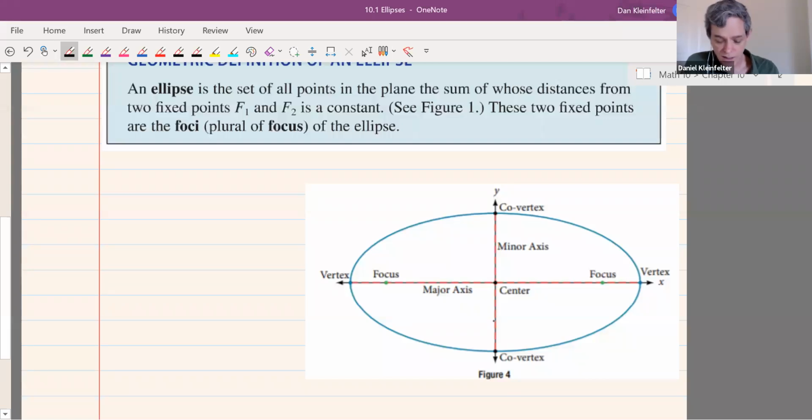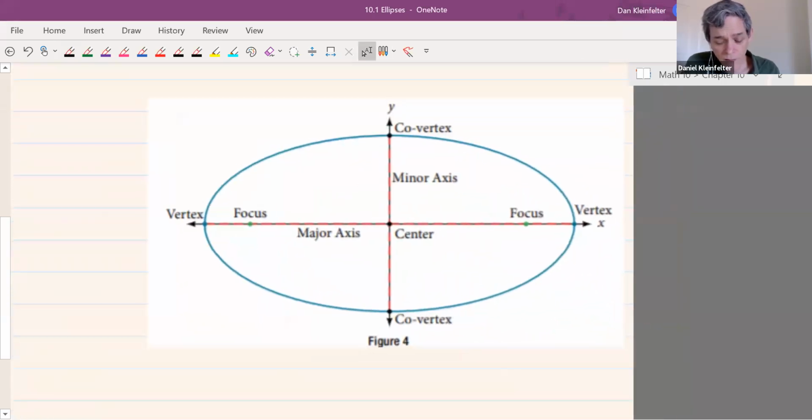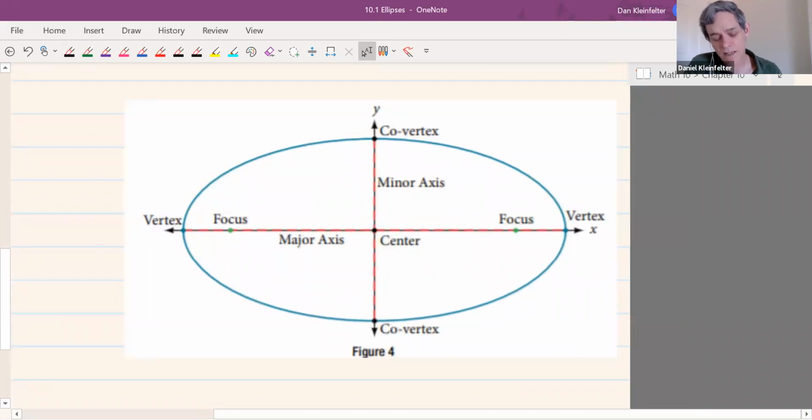Okay, so some terminology that goes with this. I don't really test on words, right, terminology, but you're going to need to know all this in order to do the problems. So if you have an ellipse, it's going to have a center, just like a circle does. And as with the circle, we'll call it HK also.